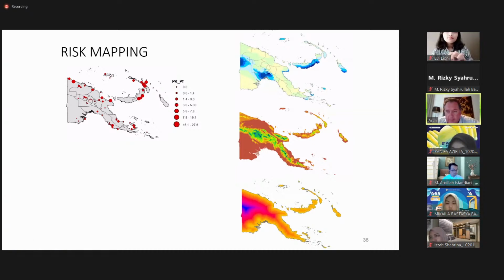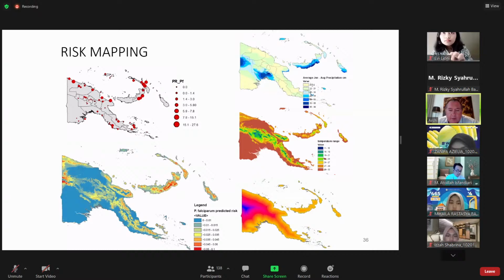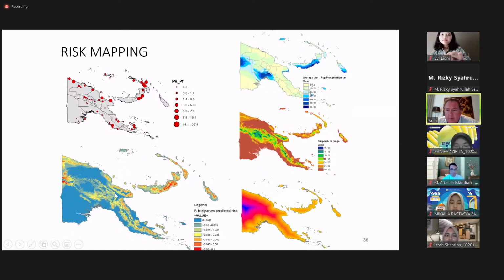And from that, we build up a data set that we can use for modelling. We build a multivariable regression model that quantifies the association between all of these variables on the right and disease prevalence. And we then use the model to predict the prevalence of infection across the entire study area.